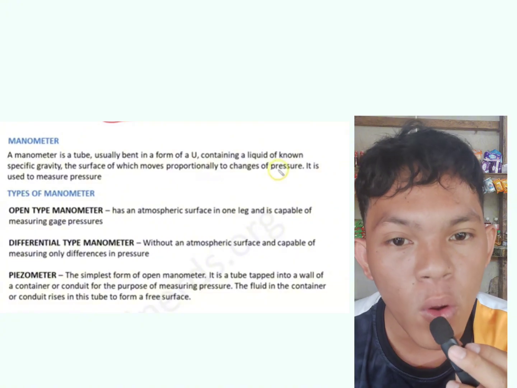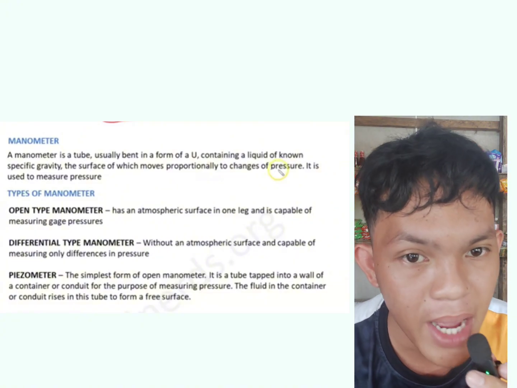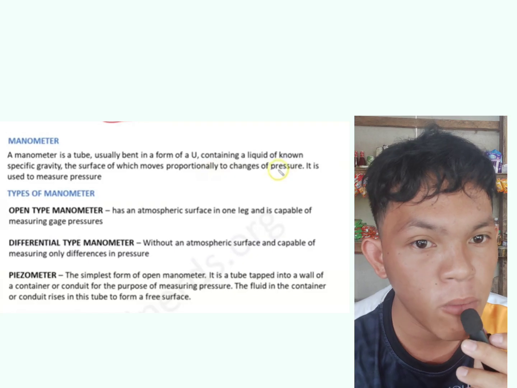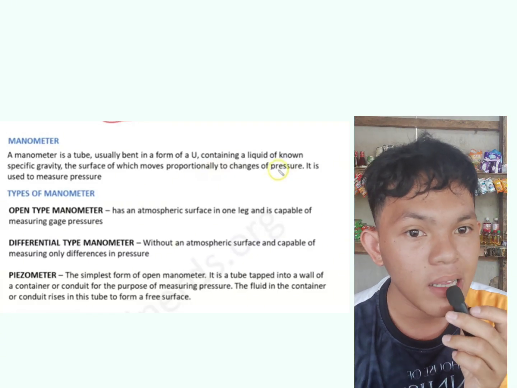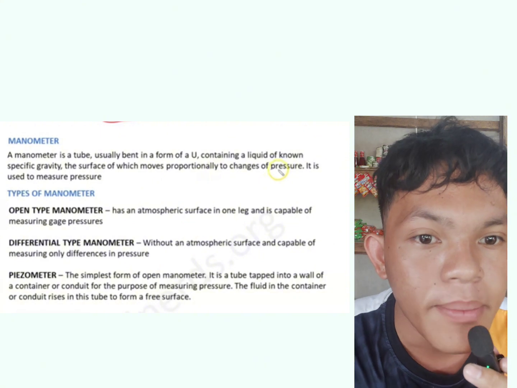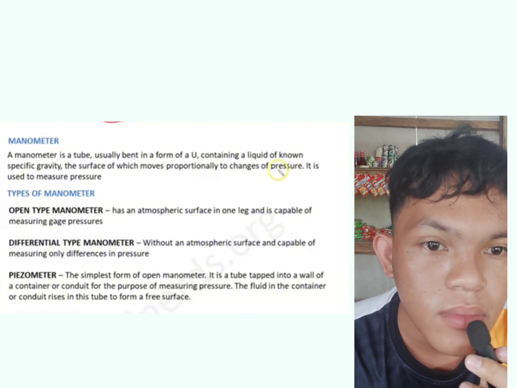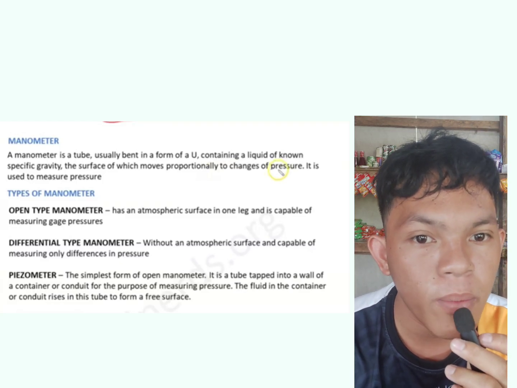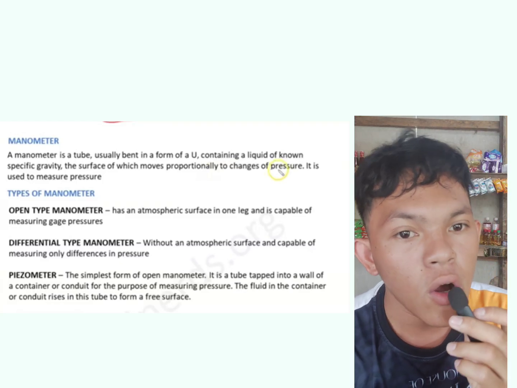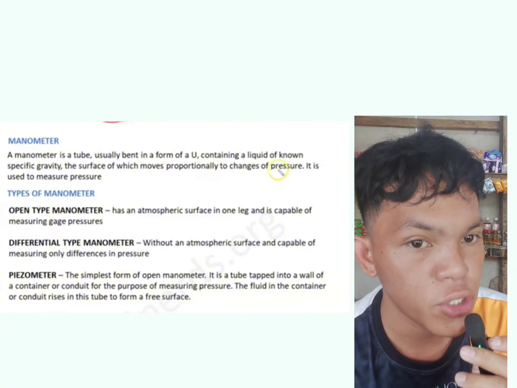Okay. We have also here the third, the piezometer. The piezometer is a simple form of open manometer, meaning it is a type of open manometer. It is a tube tapped in the wall of a container or conduit for the purpose of measuring pressure.